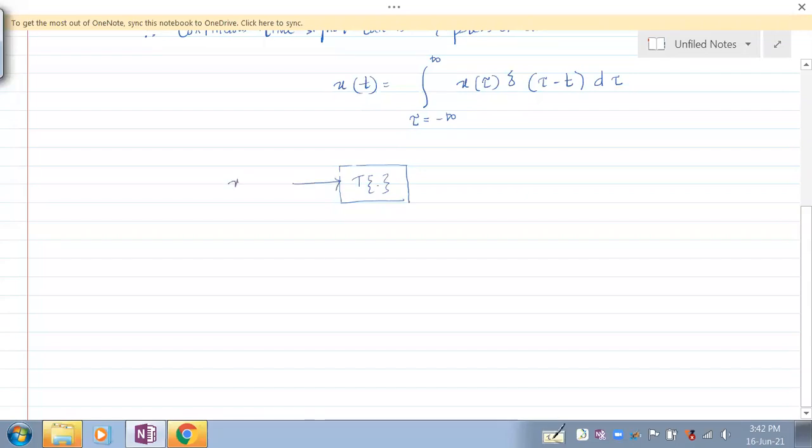To this system, we are applying x of t as the signal, and here we'll get y of t, which is the response to x of t. Everybody understand this point? Yes. So therefore, what I can write is, this is an LTI system.